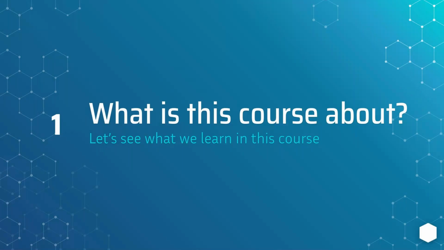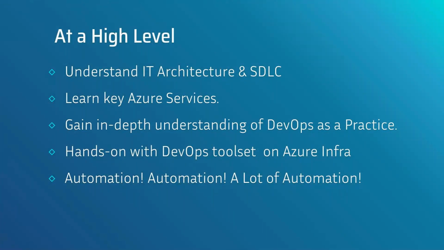Moving on. So without any further ado, let's talk about this course. What are we going to learn in this course? At a very high level, we are going to learn the following. Understand IT architecture and software development lifecycle. How does IT architecture look, how do you architect a solution like a web application from a theoretical perspective, and what is the software development life cycle, like what are the various stages involved in developing any software application.